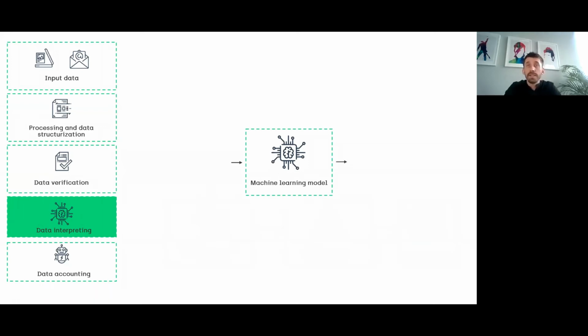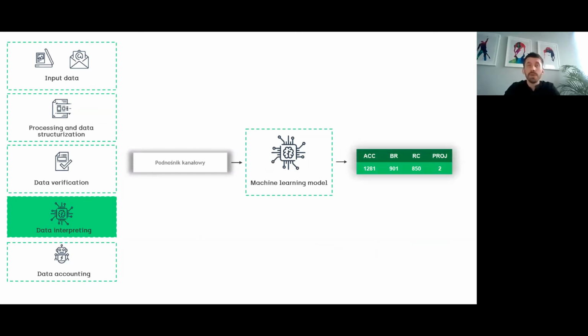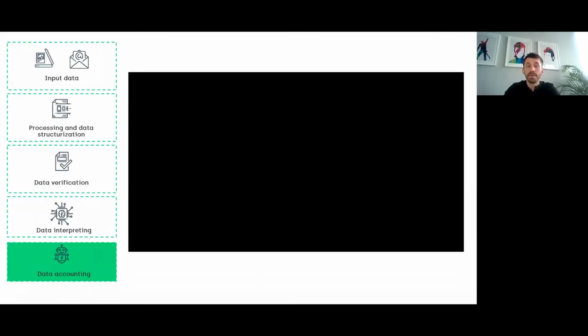In this step, the model is able to read each line of the invoice, and based on the text on the line of the invoice, the model is making the decision which accounting dimensions should be applied for the invoice.